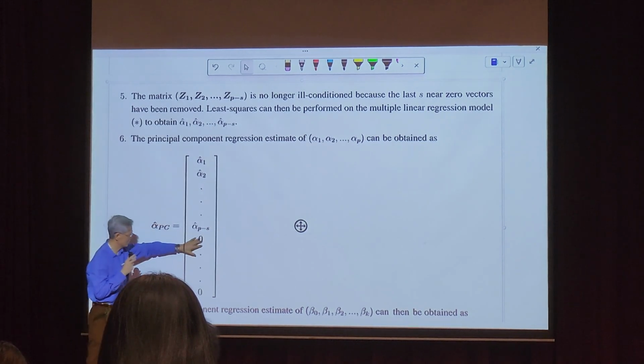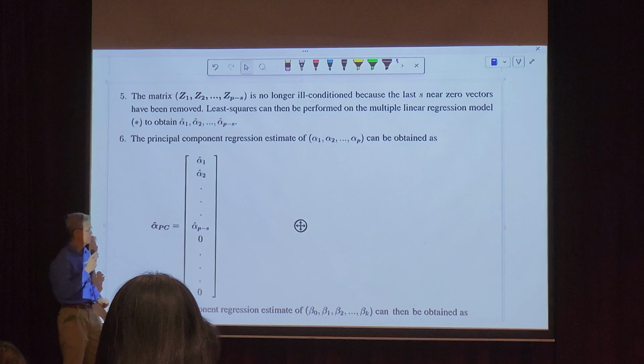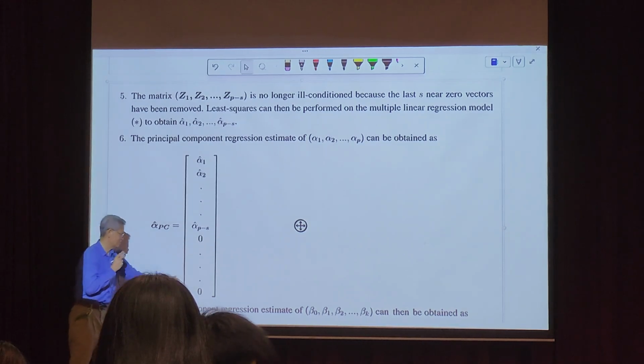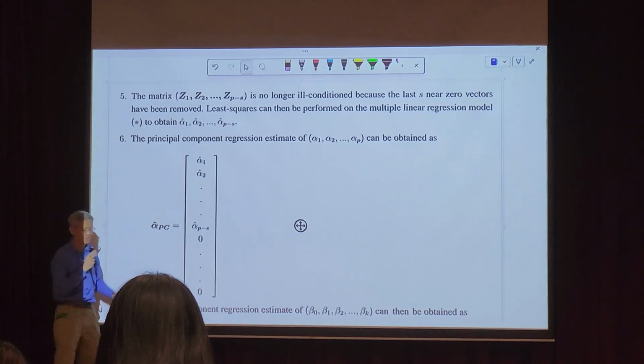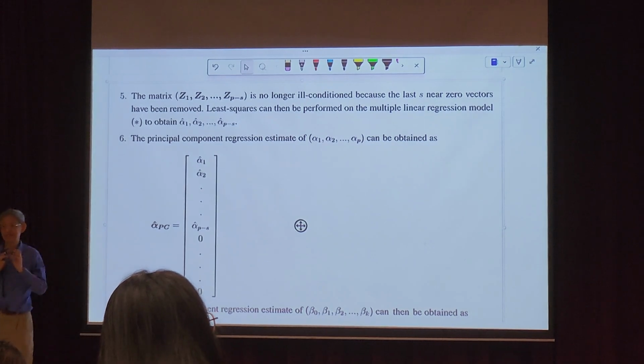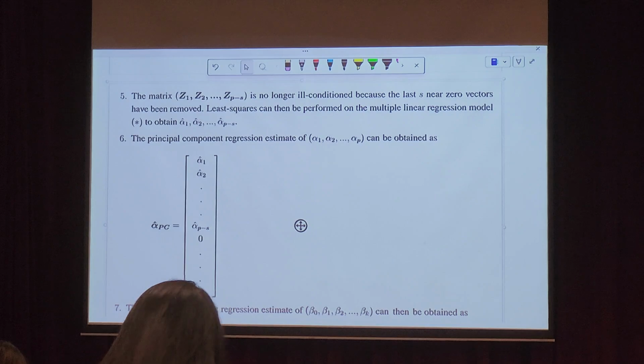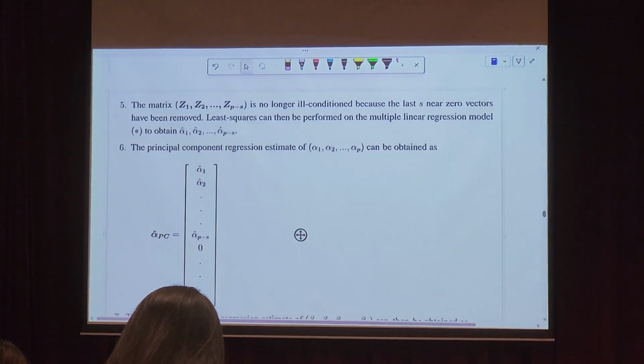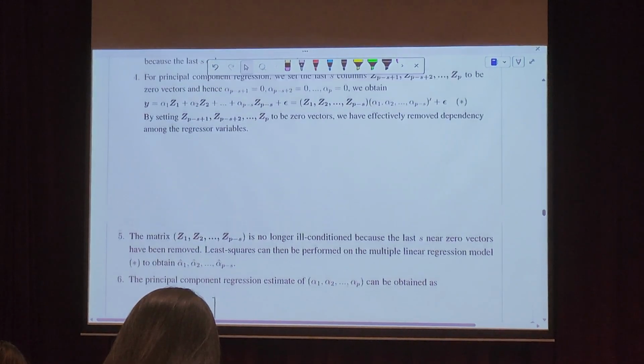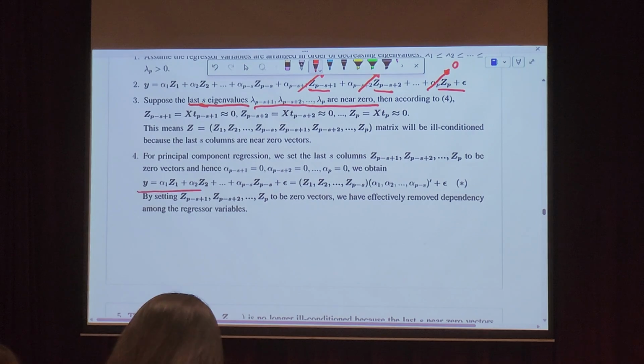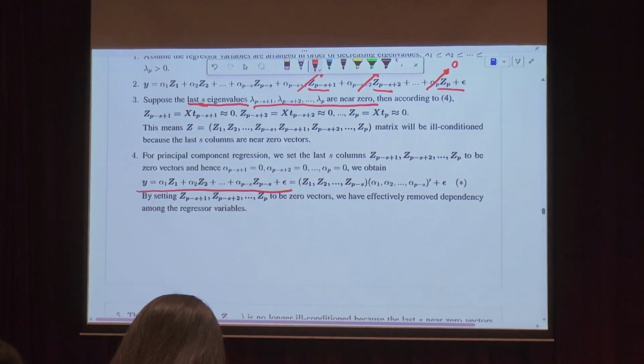And then you set 0 for the rest. We set them to be 0. So we got alpha. This alpha is from the principal component model. It's from this model here, because the rest are set to be 0.